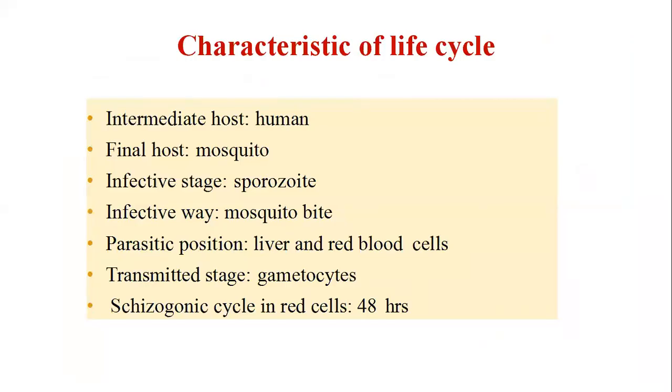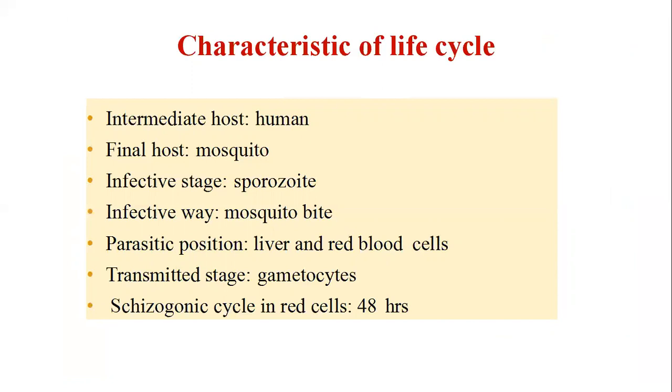So these are the characteristics of the life cycle. So far we have studied the two different life cycles of the Plasmodium. The summary is that the intermediate host is human, the final host is mosquito, and the infective stage is the sporozoite. The infective route is mosquito biting.